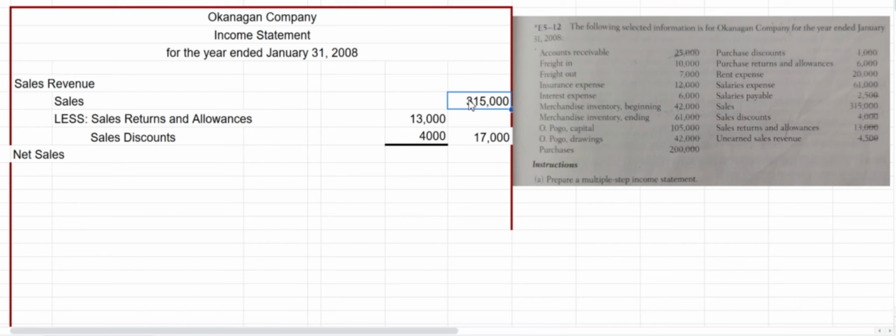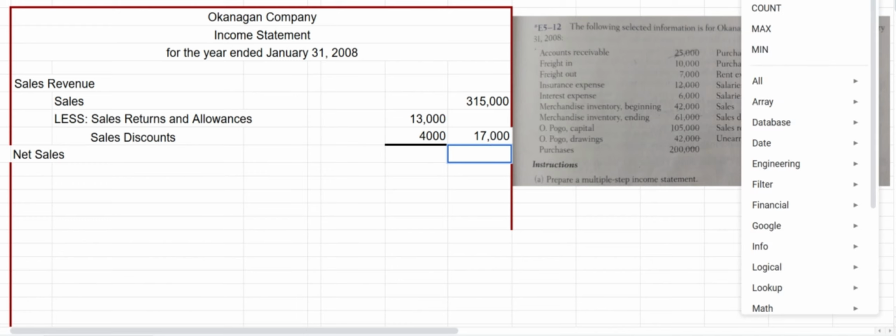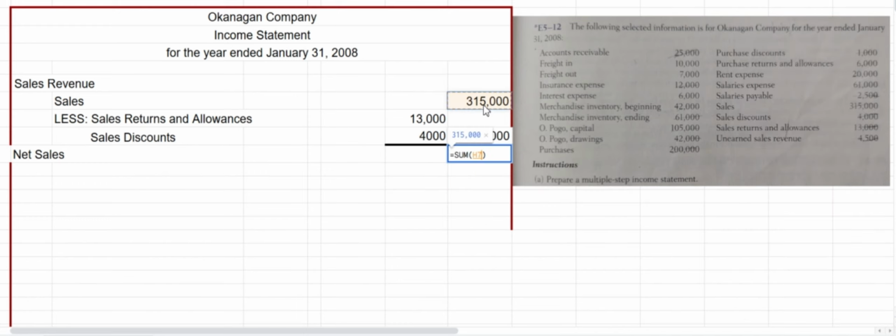So essentially 315,000 minus 17,000, and that's going to give the net sales. So that's 298,000. So now we're done the first part.